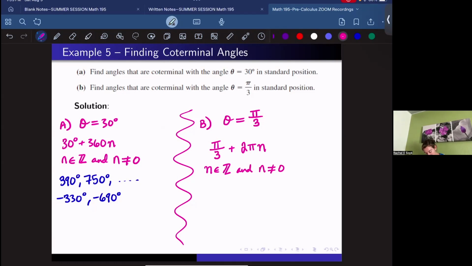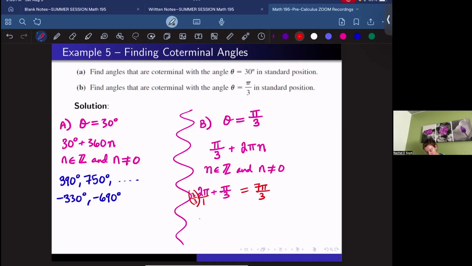So some examples of this, all right, well, 2 pi plus pi/3, let's add these, make sure the denominator is 3. So 6 pi plus pi gives you 7 pi/3. That's one example.